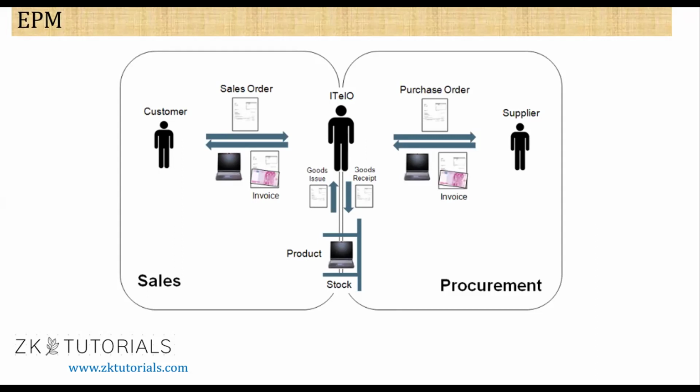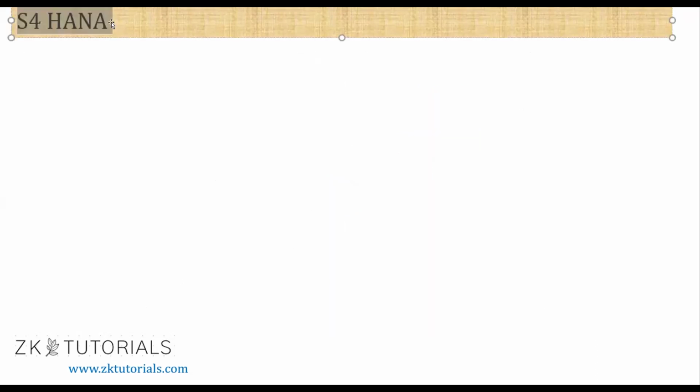So what are some of the database tables? There are some database tables which store all this information in the system, which we will introduce. We have understood whatever we need from the EPM data model. Now let's quickly talk about some of the database tables used in the EPM data model.